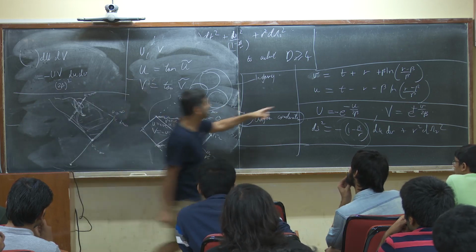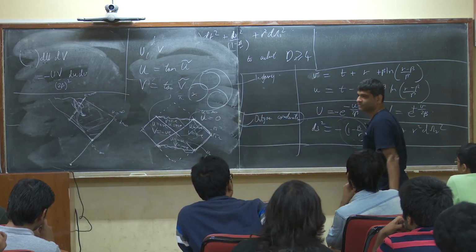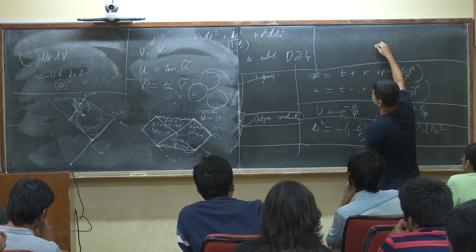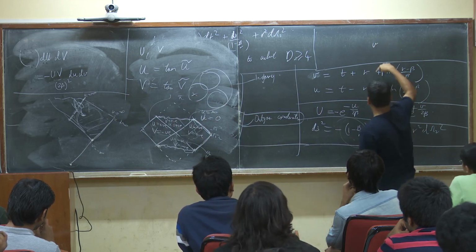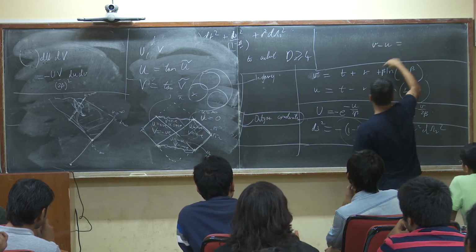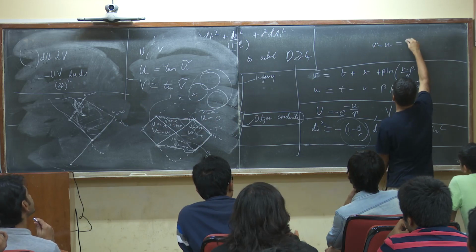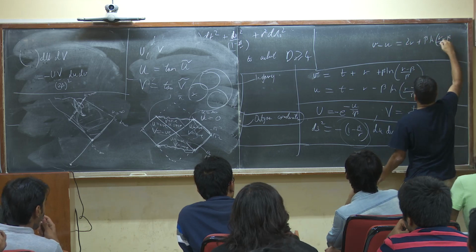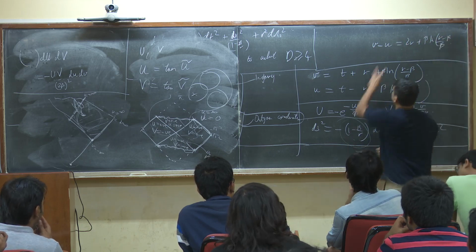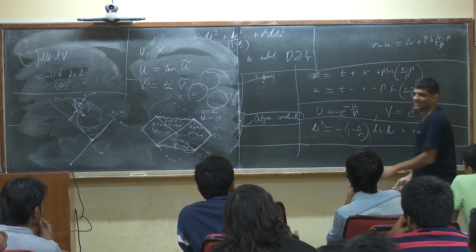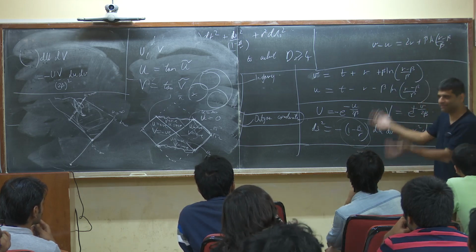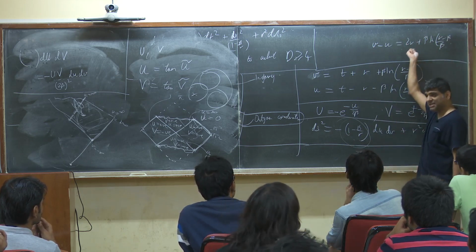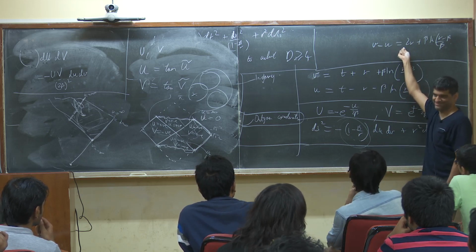Roughly, what was coordinate R in terms of U and V? It was V minus U is equal to whatever, 2R plus beta log. But now this V minus U we can write in terms of capital U and capital V. And then you think of R as being defined implicitly by this equation.